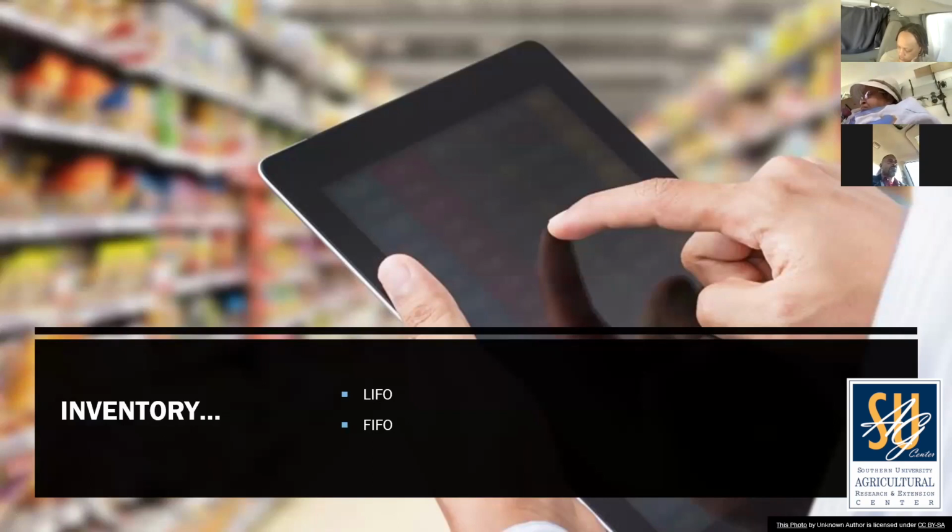I'm sure as farmers, first in, first out would probably be the best inventory method for you, because whatever crop is raised or grown first, you want to get that out before it spoils or goes bad. So FIFO would be the method that you would use.